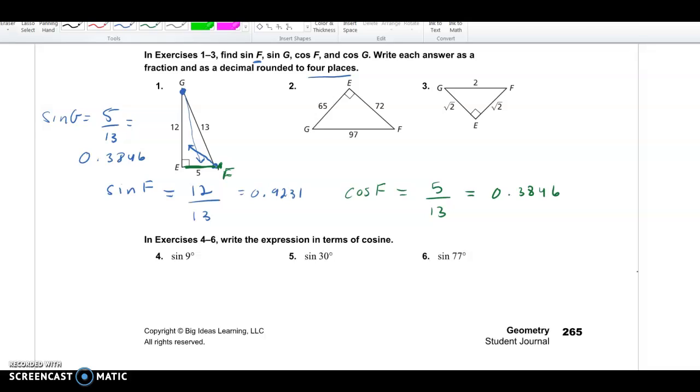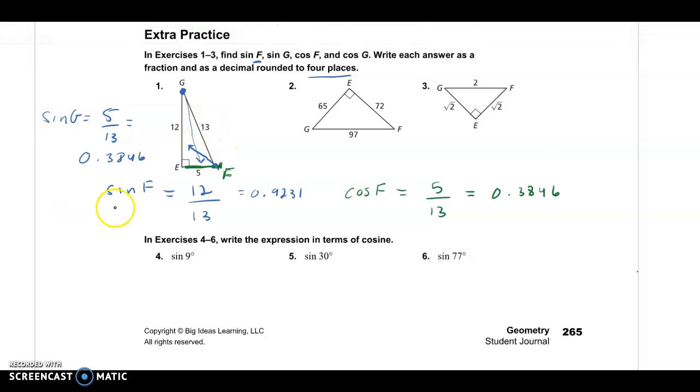And then lastly, the cosine from G, that's going to be the adjacent side, which is now the 12 from where G is, over the hypotenuse, 13. And again, notice that the cosine of G is the same thing as the sine of F. So I already know this to be 0.9231. And for 2 and 3, you would really just do the same thing.